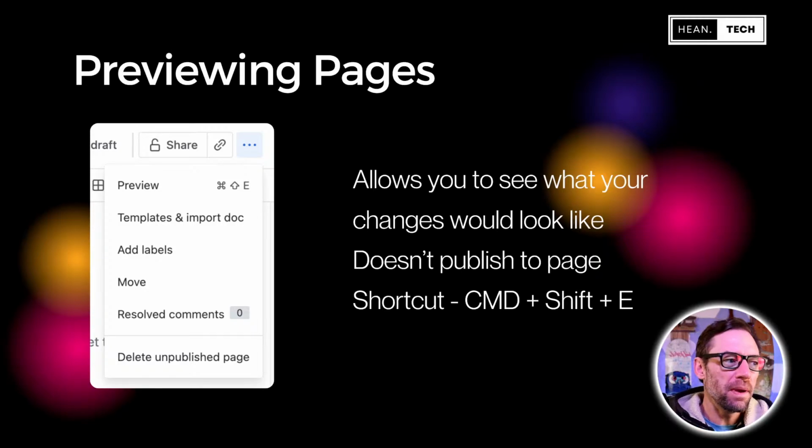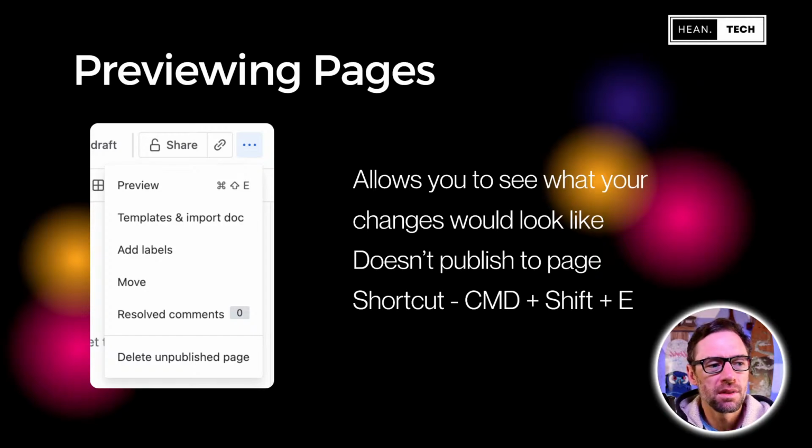Again, when I've used page preview, and that's up under more actions in the top right, or Command-Shift-E, it'll show you what the changes look like if you publish. So it doesn't commit the change, it doesn't actually publish it. I mainly use this when I build the initial draft. So when I start a new document and I have that first draft, I might preview it just to see what it will look like.